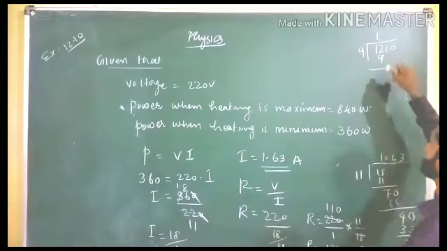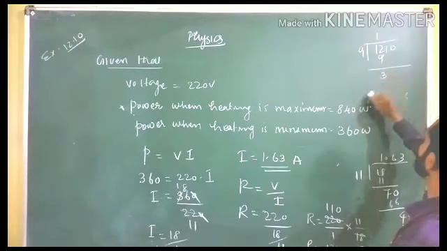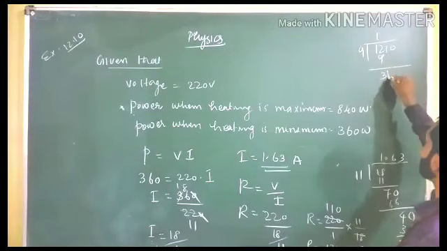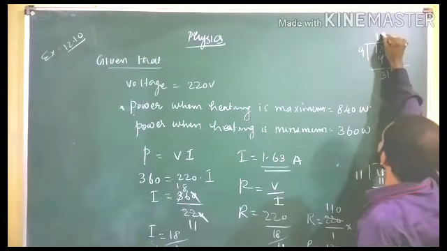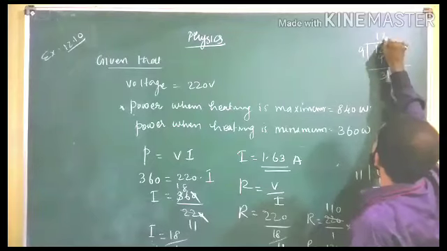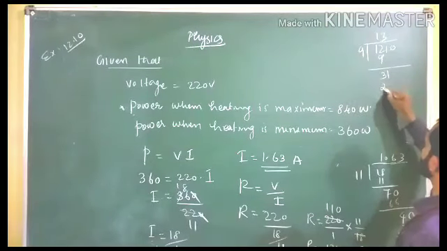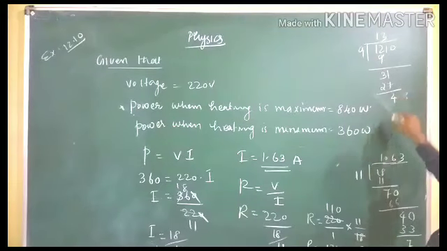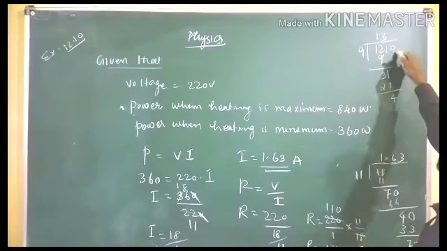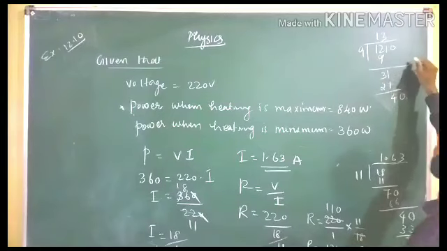How much will be left? This will be 3. Now this one will come down, and here it will be 3 into 9, that is equal to 27. Now the remaining will be 4. Now this 0 you can take down.